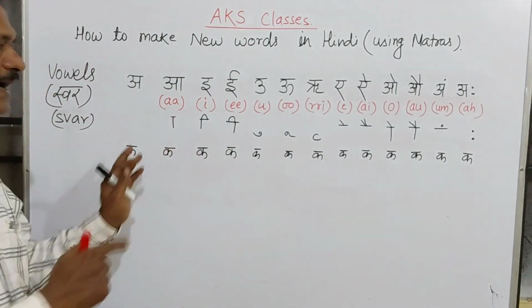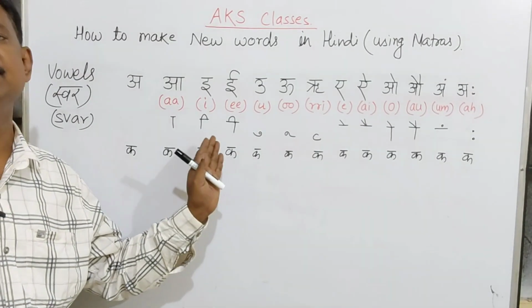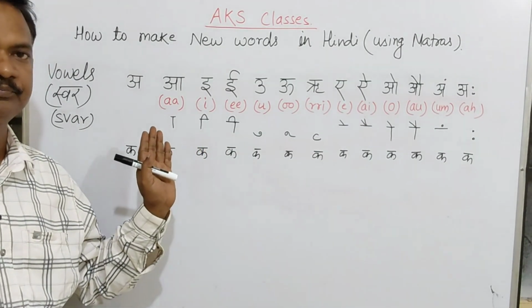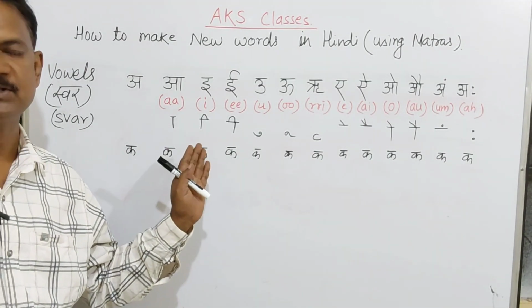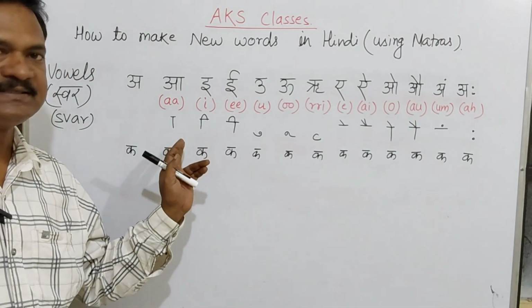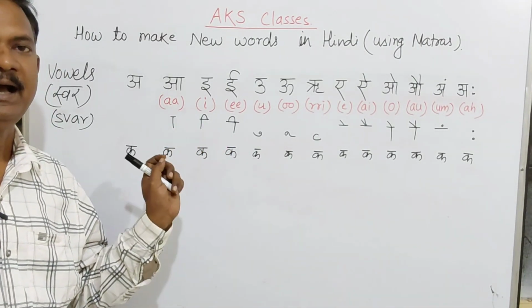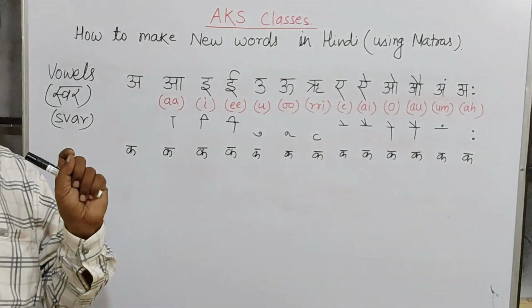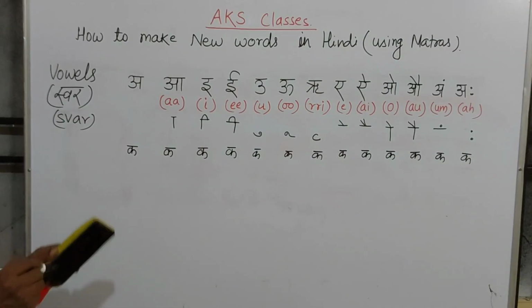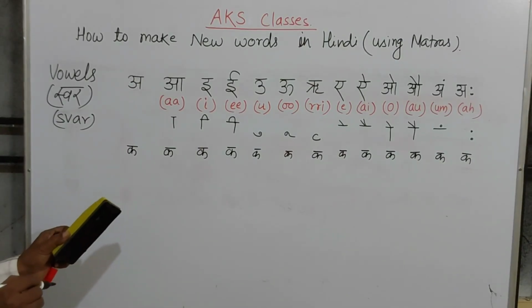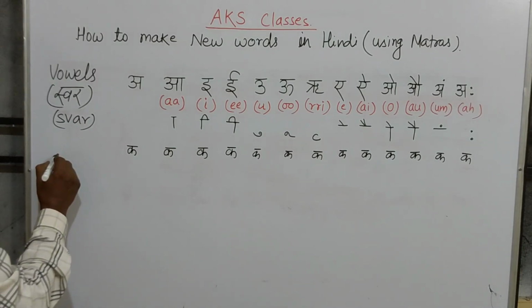So to understand how these matras are used with the consonants, I have taken the first consonant. The first is consonant k, and how do we draw this?